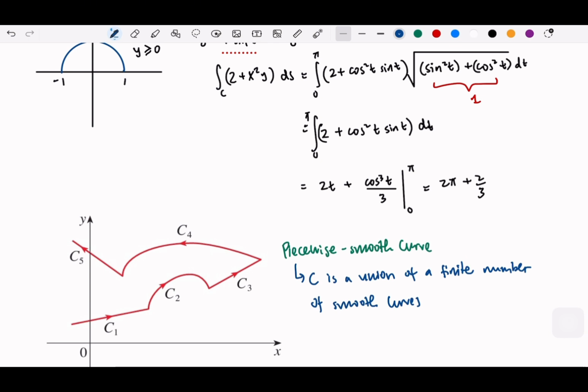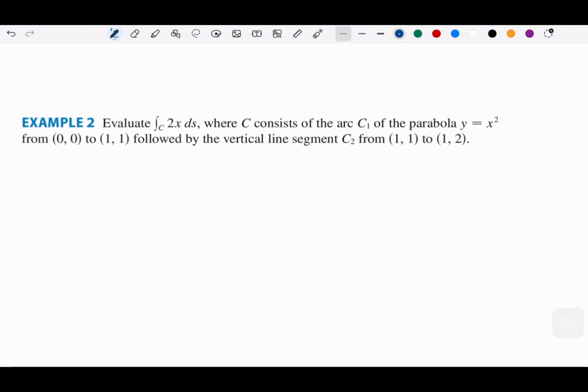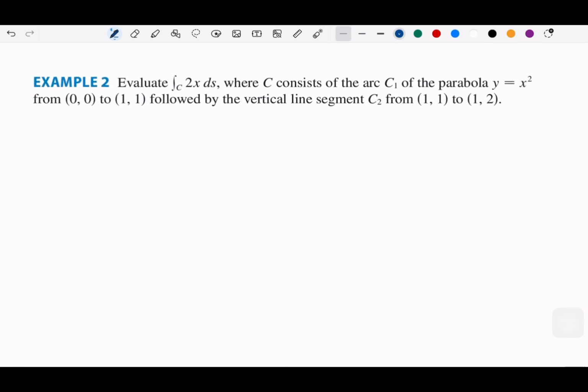Okay, just a quick example on how to look at the piecewise curve. Let's see this part here. Evaluate the line integral of x ds, where C is based on a parabola y equals x squared from (0, 0) to (1, 1), followed by a vertical line from (1, 1) to (1, 2). So perhaps we start with the picture.